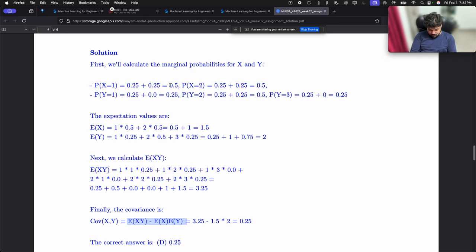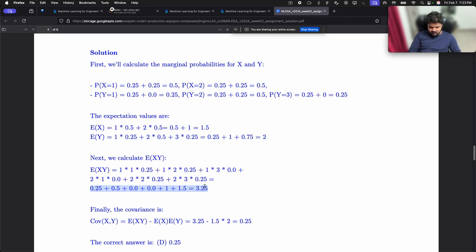Just a second. Similarly for y is equal to 1, y is equal to 2, x is equal to 2. To compute E of xy, again what we do is we multiply this thing, what we call the joint interaction between x and y: the 1 comma 1 probability, 1 comma 2 probability, 1 comma 3 probability, 2 comma 1, 2 comma 2, 2 comma 3 probability.